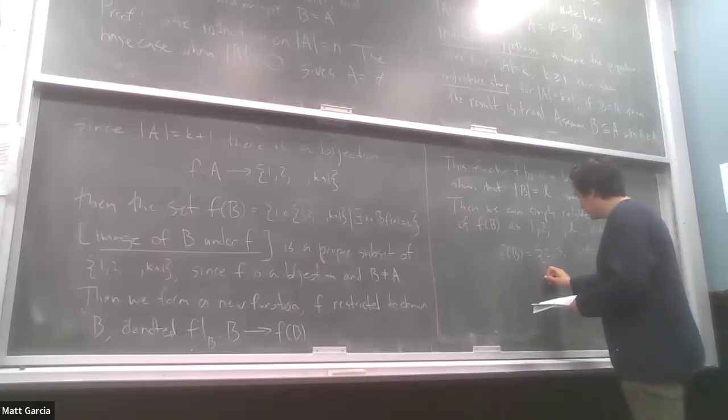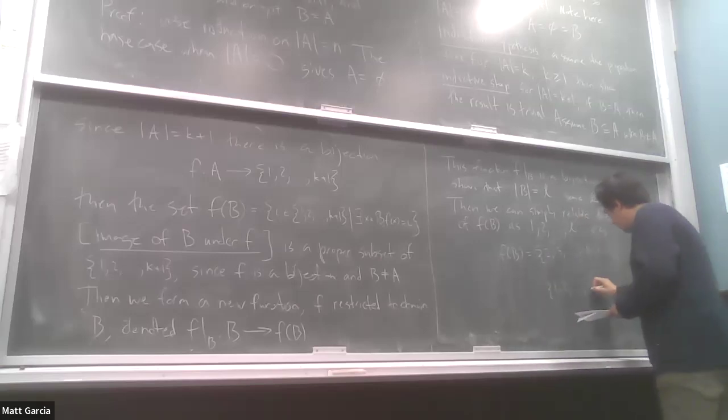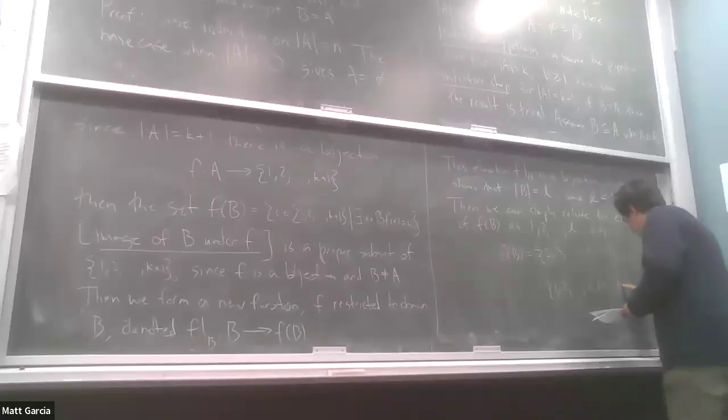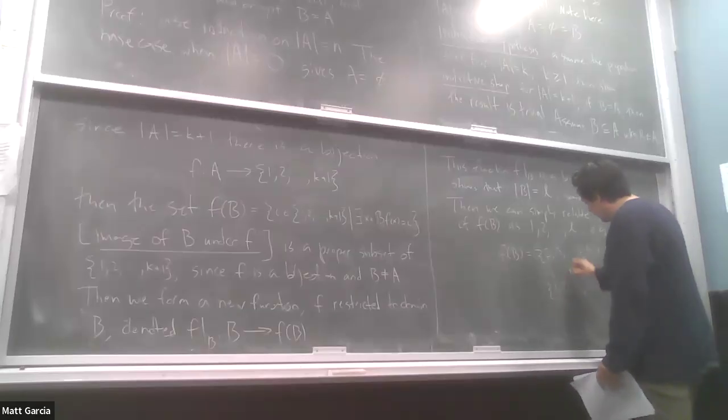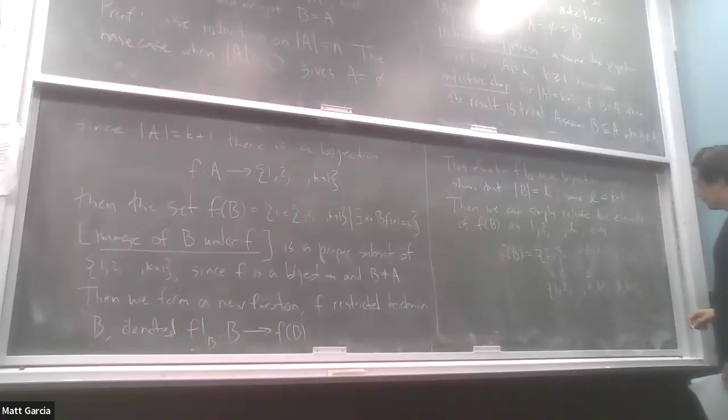Then I can just create a new bijection where I'll just send 2 to 1, 3 to 2, and so on.